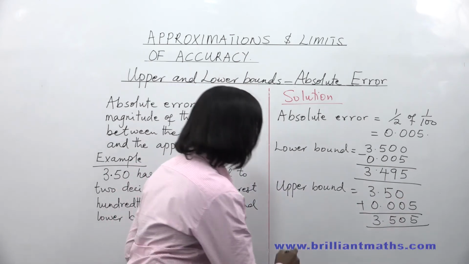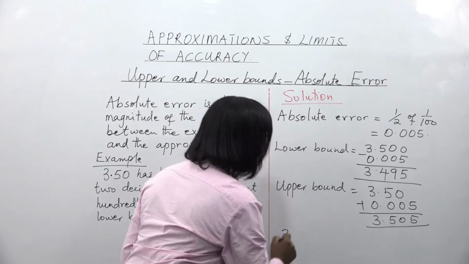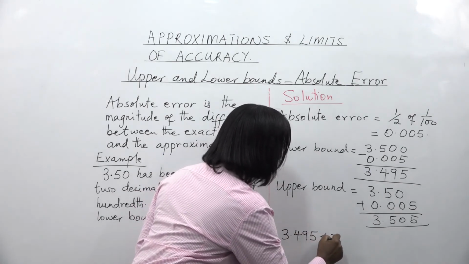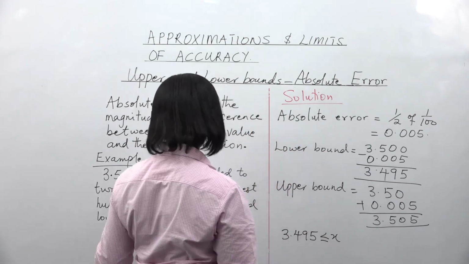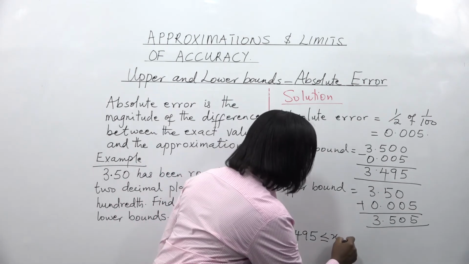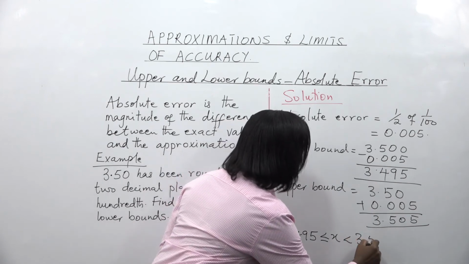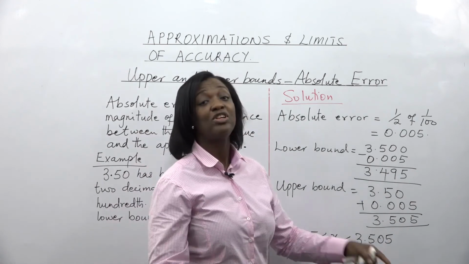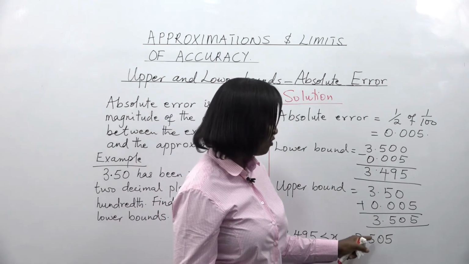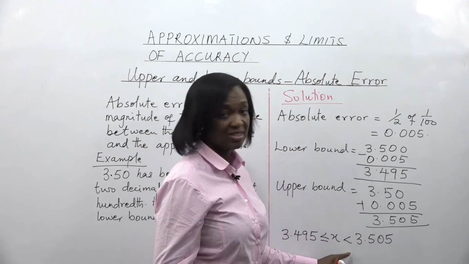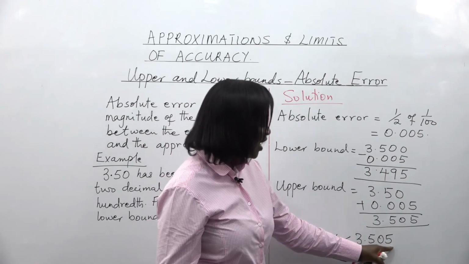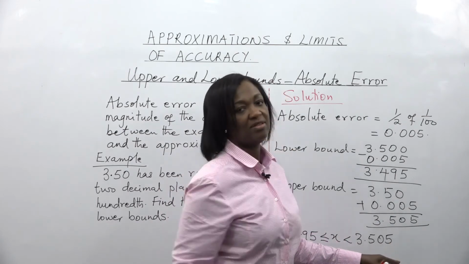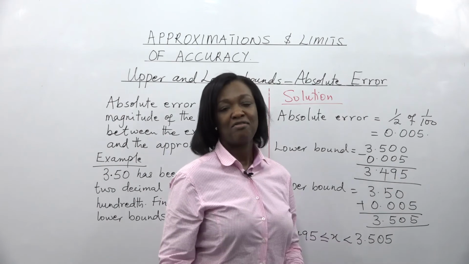So we write it as 3.495 is less than or equal to x, which is our rounded value, and that is strictly less than 3.505. Because 3.505 on its own will round to 3.51. So it's strictly less. And that number is usually 3.5049 something. But it must be less than 5.